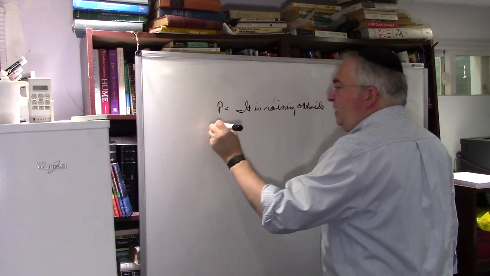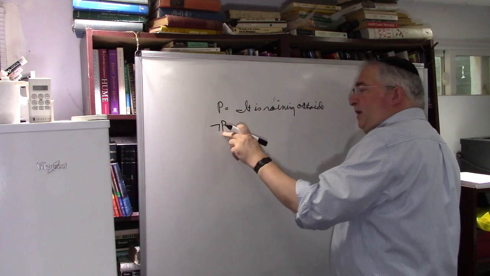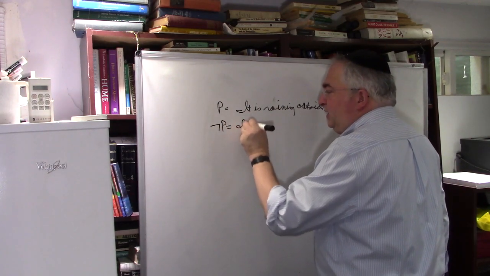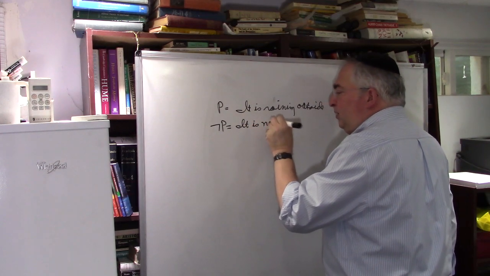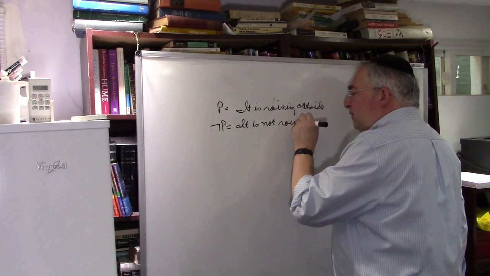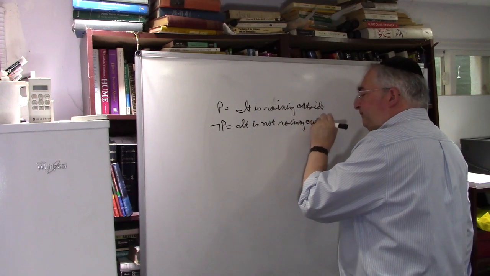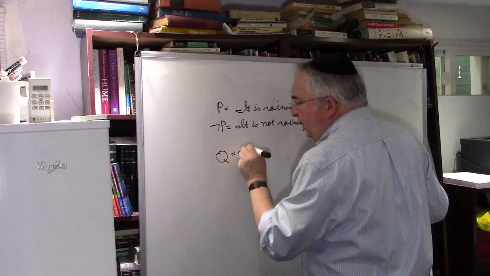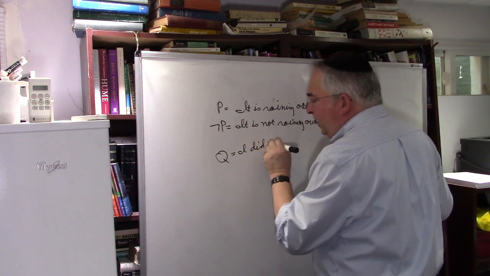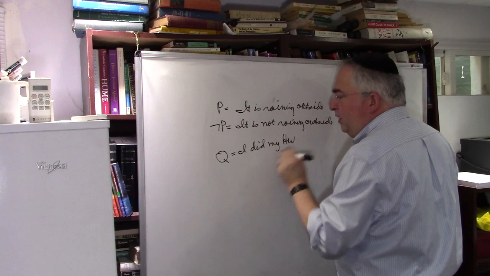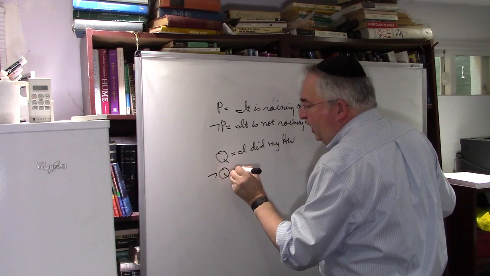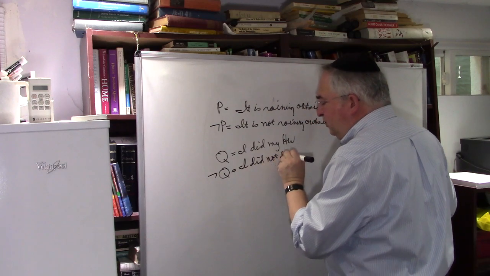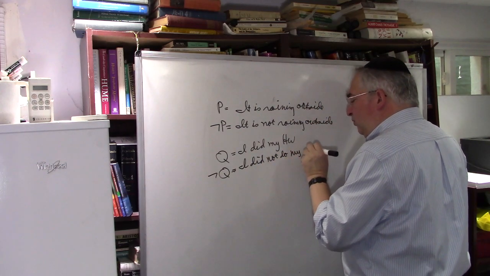Okay, then not P. P is a proposition. Not P is: it is not raining outside. If Q is I did my homework, not Q is I did not do my homework.